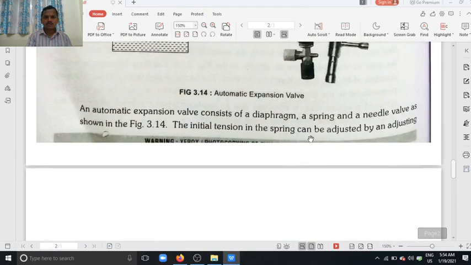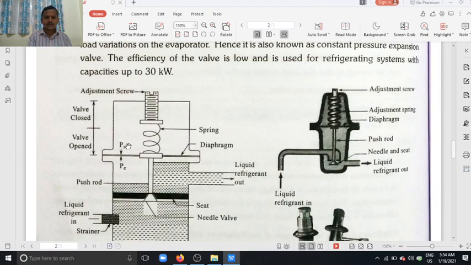This is the diaphragm. The spring pressure acts downwards and the evaporator pressure PE acts upwards. When PS is equal to PE, the diaphragm is in the neutral position.